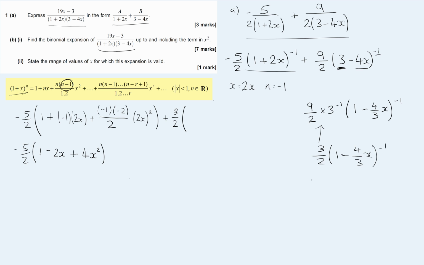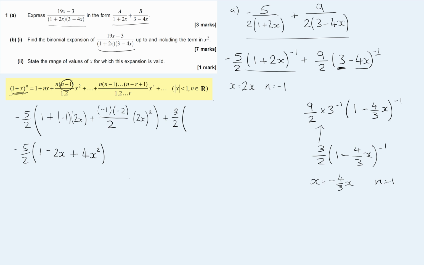Now once again, just going to write out that x is going to be replaced by minus 4/3 x. And that minus is very important because our formula states that x is added on to 1. So we've got 1 with the minus, and n is minus 1 again.